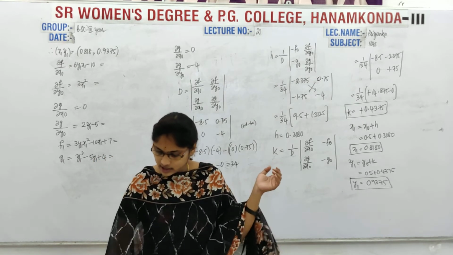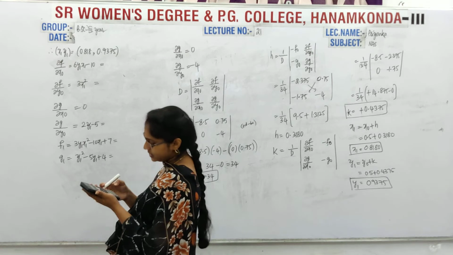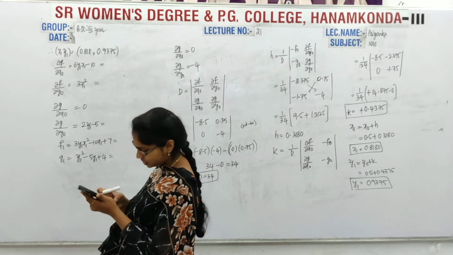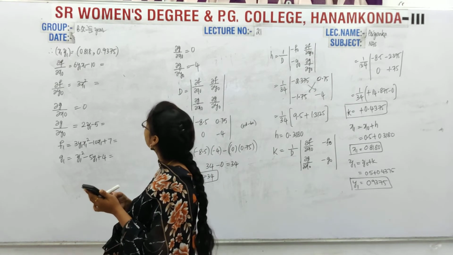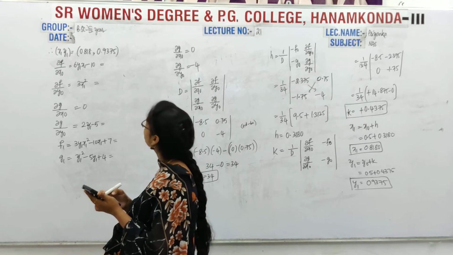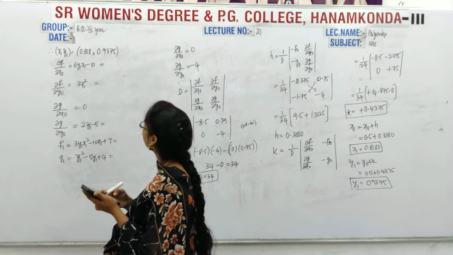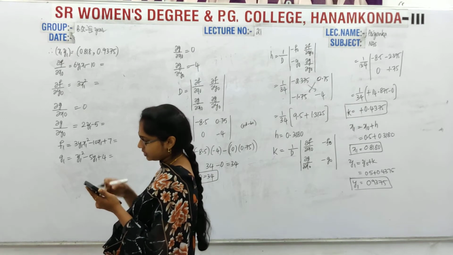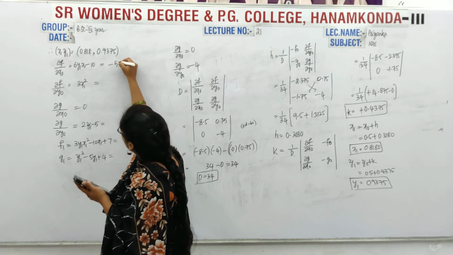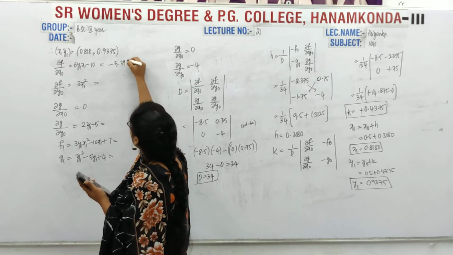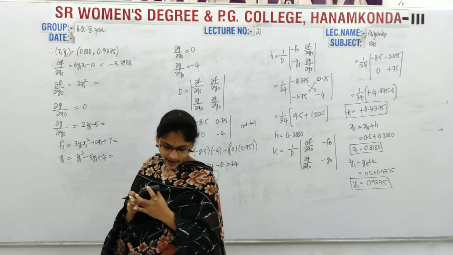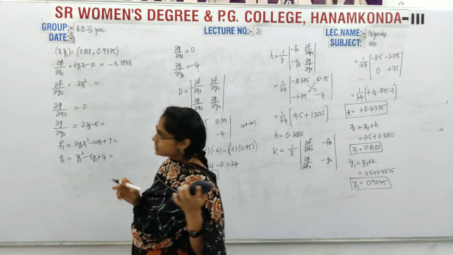Now just take the calculator. Now 6 into y1 is 0.9375, into x1 is 0.818, equal to some value, minus 10. Now it is minus 5.3988875, I am taking 5.3988.